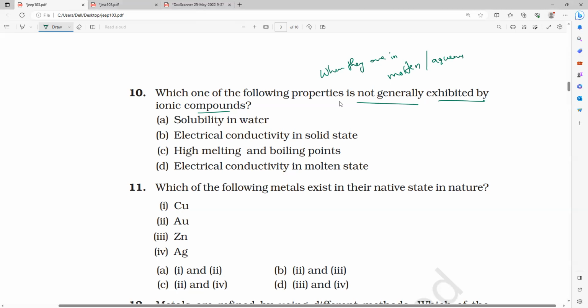So if they are in solid state, they do not conduct electricity. So what is the correct option? Option B.